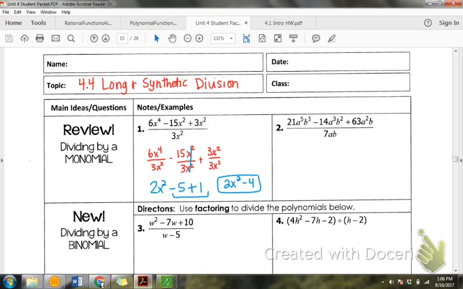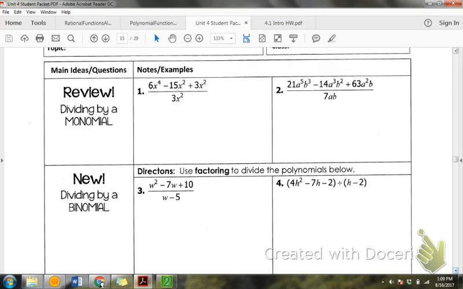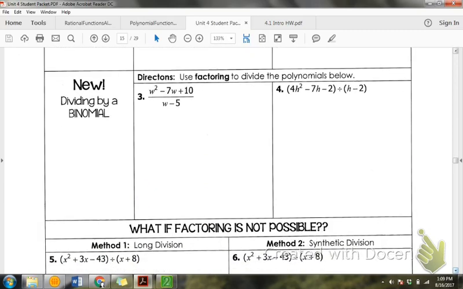Okay, let's do example 3. Now it says use factoring to divide the polynomials below. So this is not new to us. This is the same thing that we did yesterday. W squared minus 7w plus 10. We can factor that.